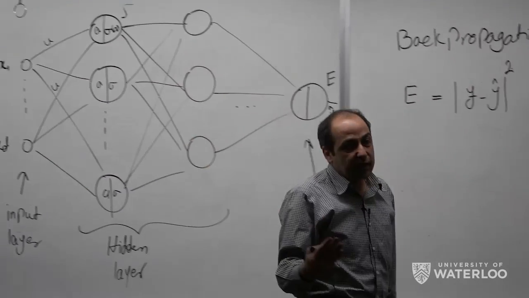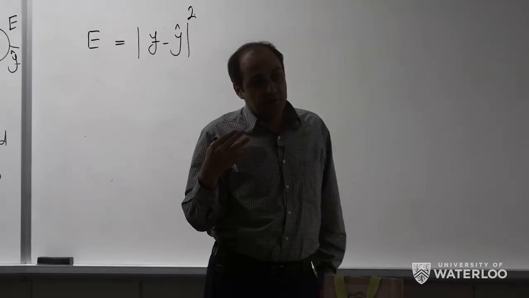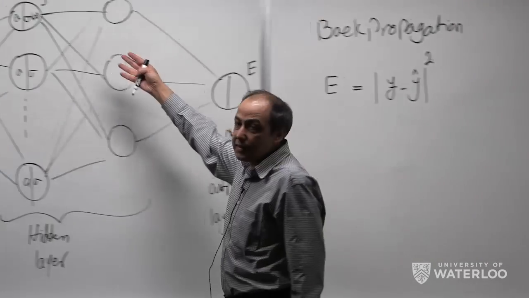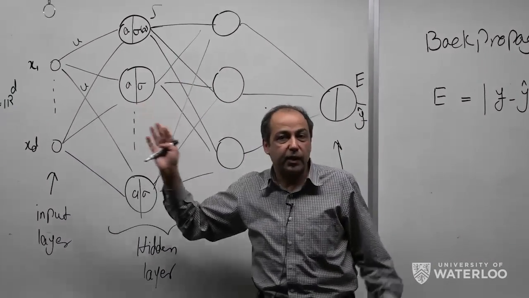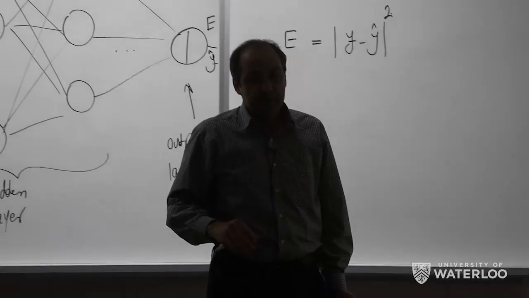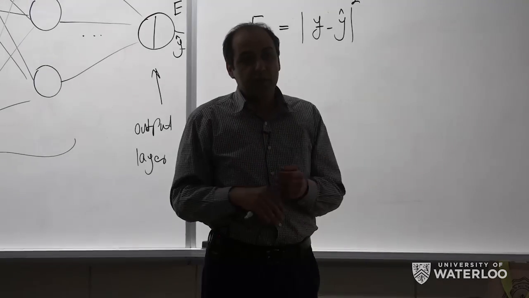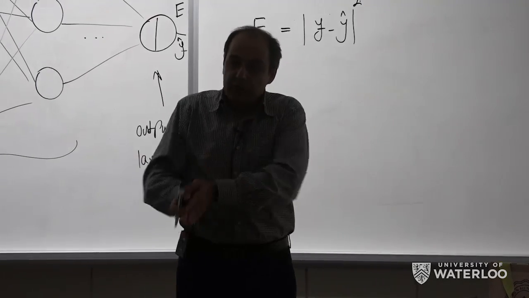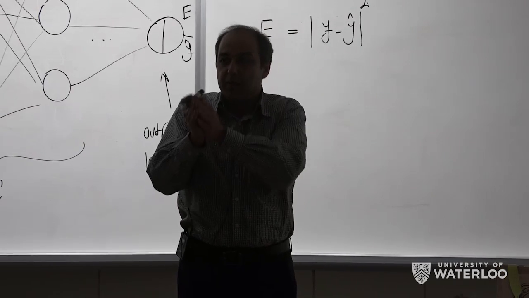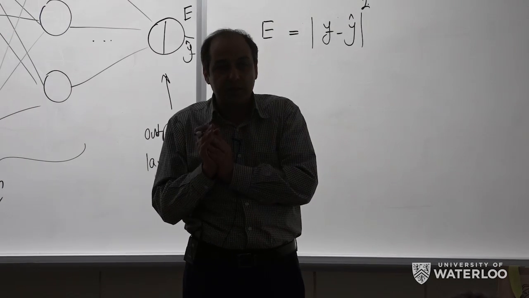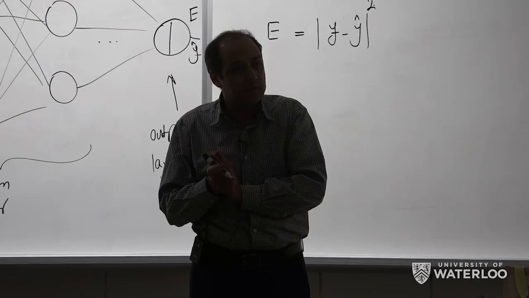If I can take the derivative of the output, the objective function, with respect to these weights, then I'm done, because then I can do gradient descent, right? I can start with some initial value, and in the direction of the gradient, I can correct myself until it converges, similar to what I did for perceptron.